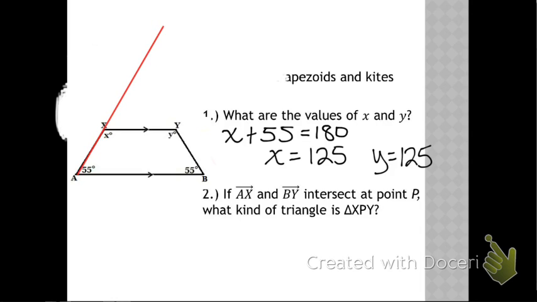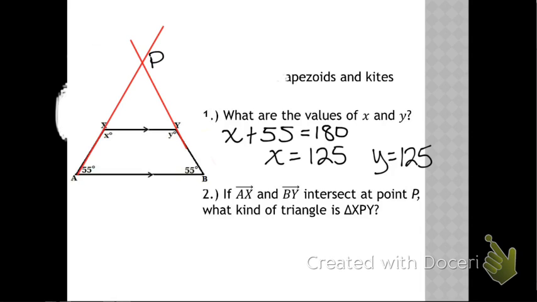And then BY is on the right side of my diagram. Okay. They intersect at point P. So point P right here.